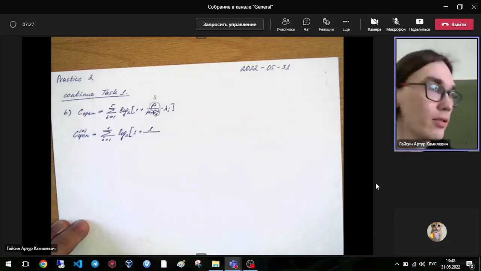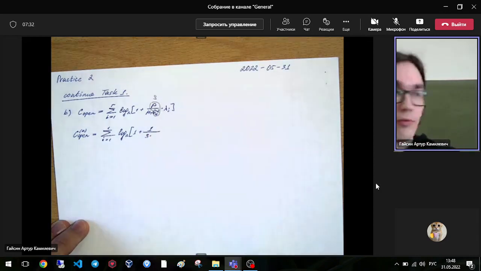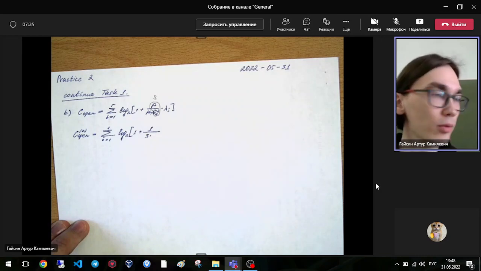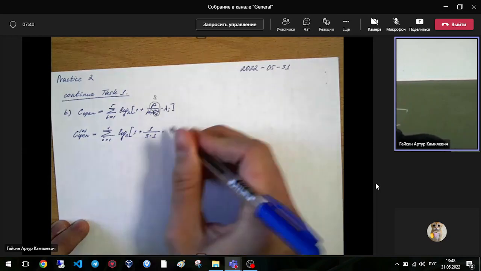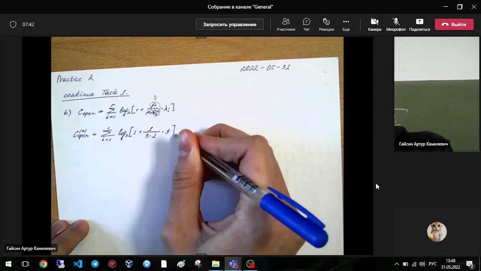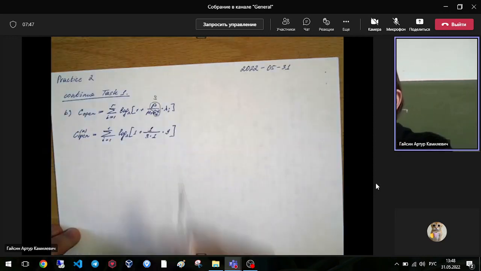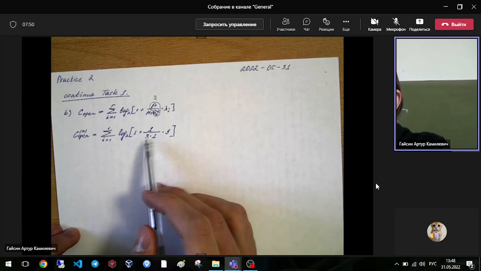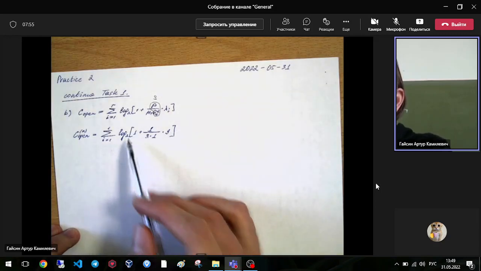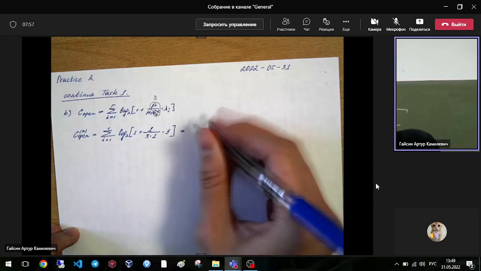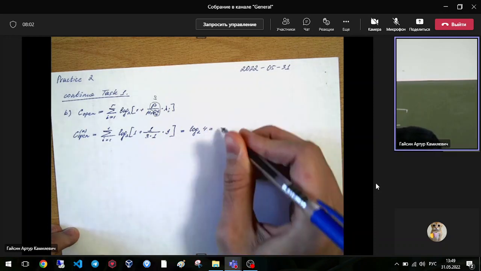The number of transmit antennas is equal to 3. Then we multiply it with the noise variance, which is also equal to 1. And then we multiply it with our eigenvalue, equal to 9. So you can see we have 9 divided by 3 is 3, 3 plus 1 is 4, and we have logarithm base 2 of 4, which is equal to just 2.